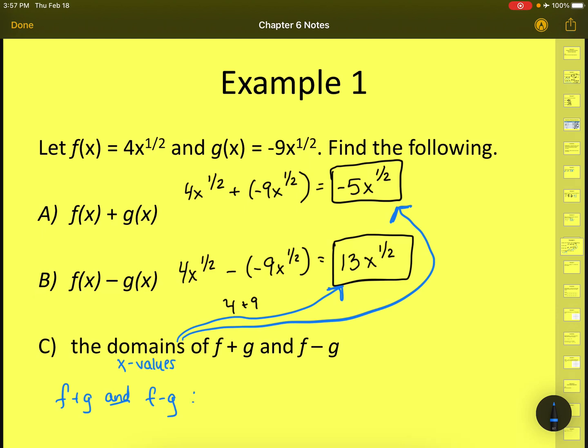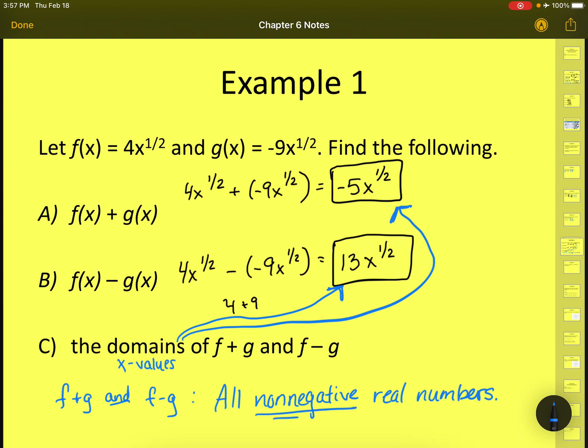So what this says is, for f plus g and f minus g, the domain, or what we could plug in for the x values, is only restricted to all non-negative real numbers.